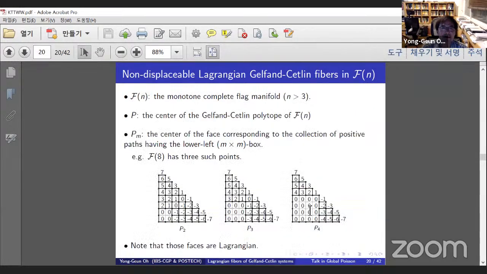So let's look at some more examples of this one. You can see that these three faces, P2, P3, P4, actually satisfy that Alban criterion. You can check, so all of these faces are actually Lagrangian.